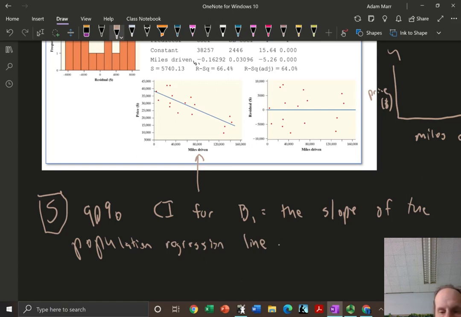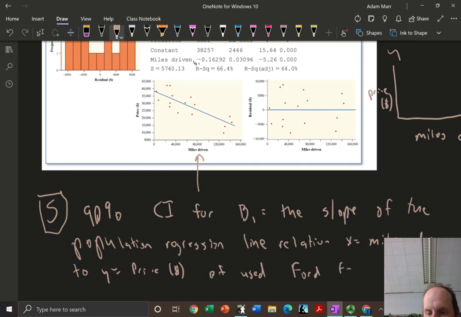And this is relating X equals miles driven to Y equals price in dollars of used Ford F-150s for sale.